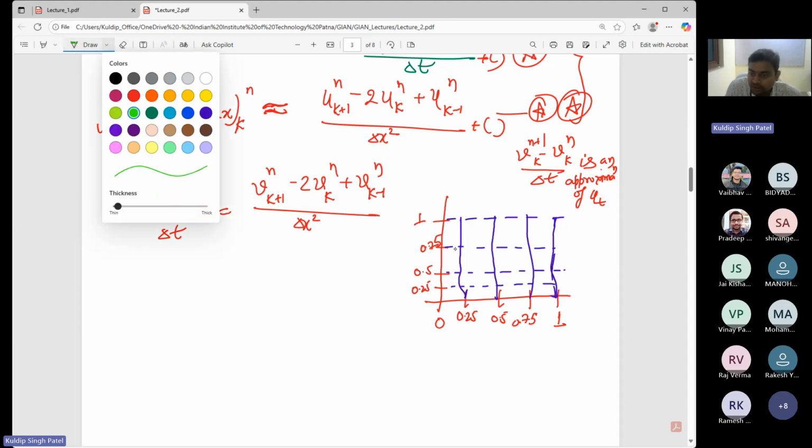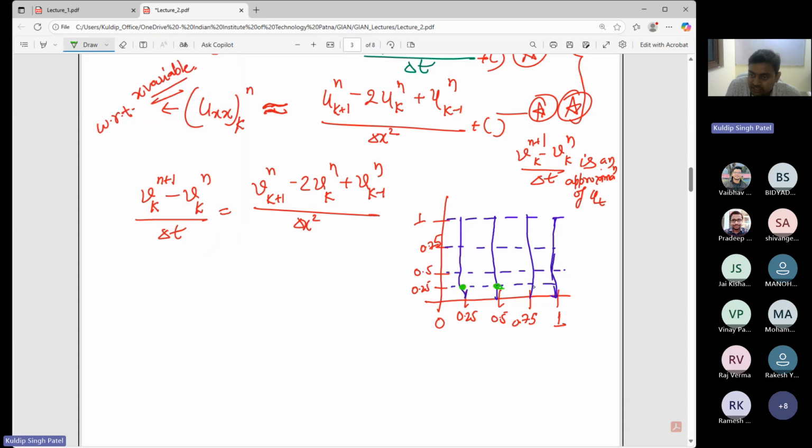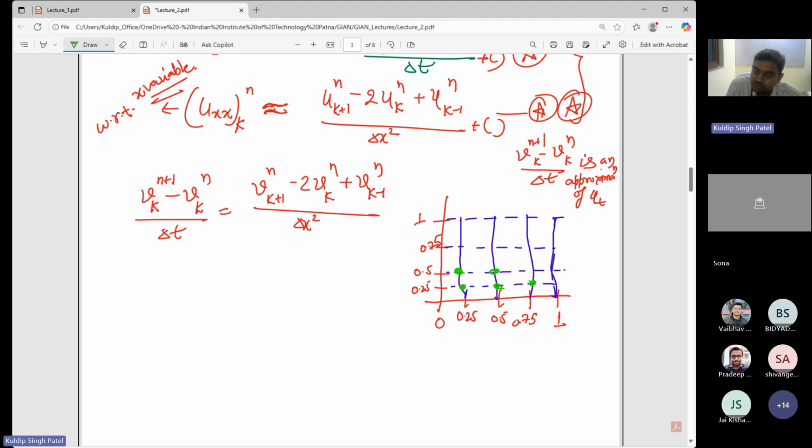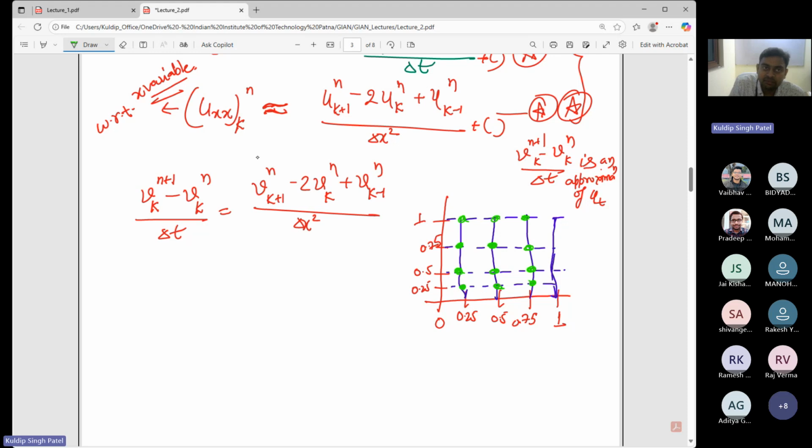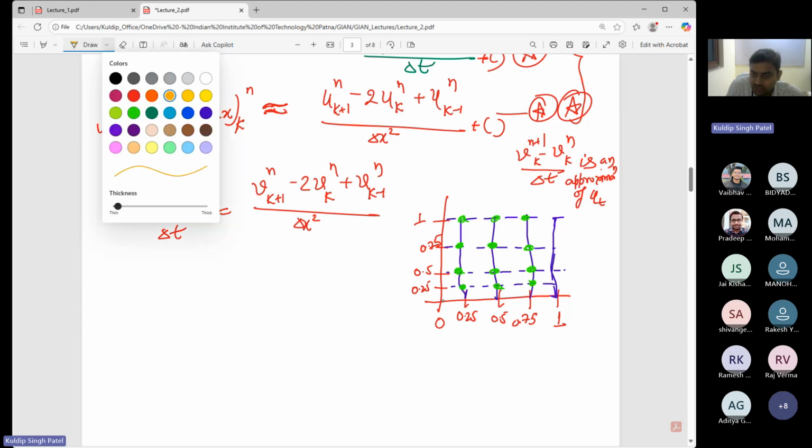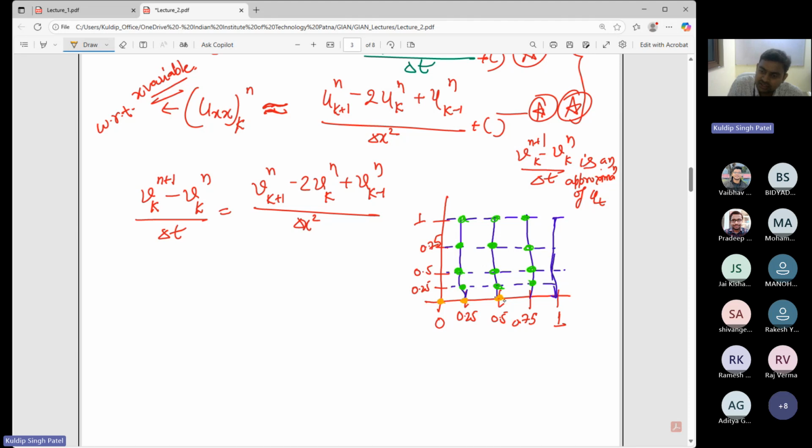At all these yellow points we know the solution, because of boundary conditions, and here because of initial conditions.